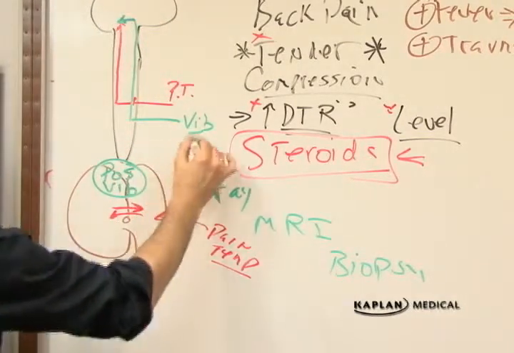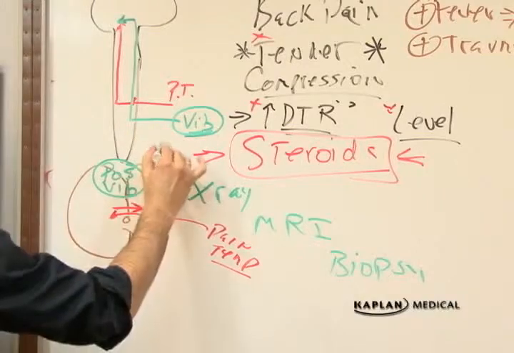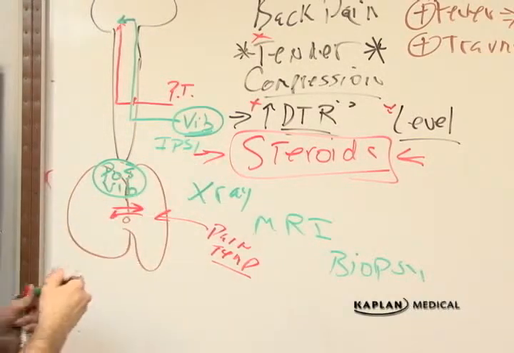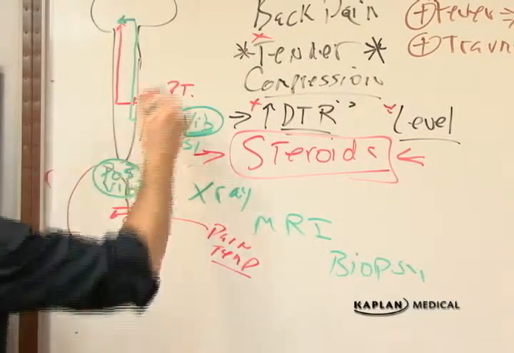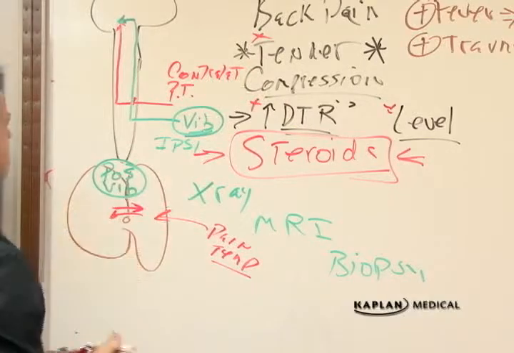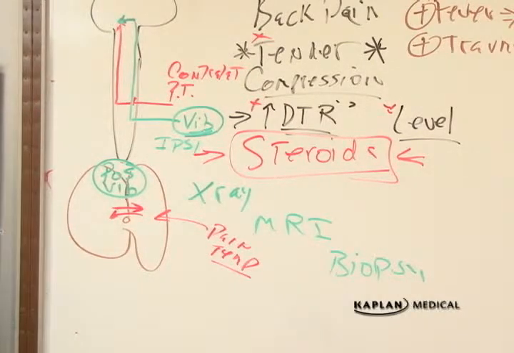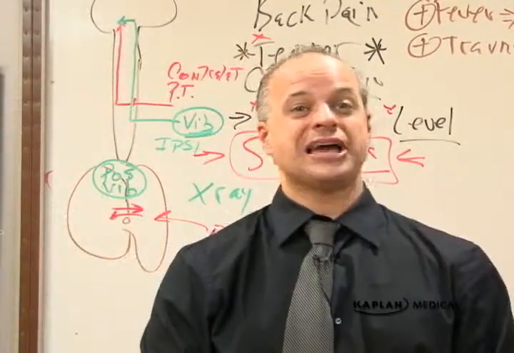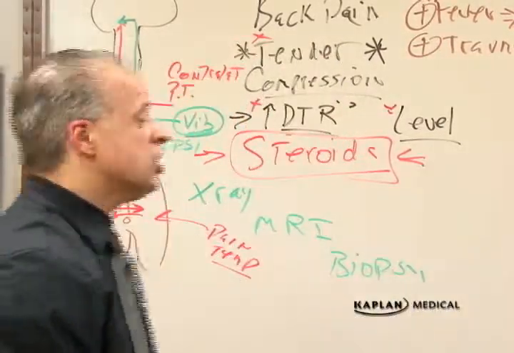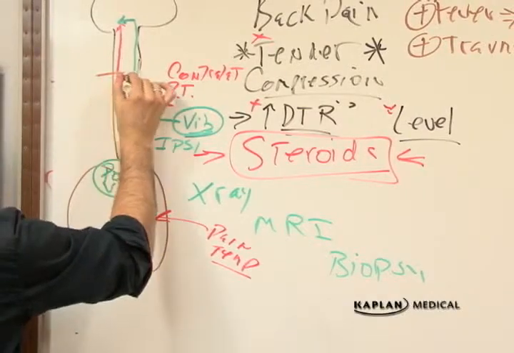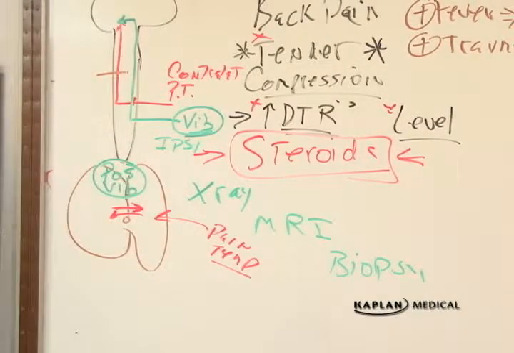Vibratory sense goes up on the ipsilateral side, whereas pain and temperature goes up on the contralateral side.